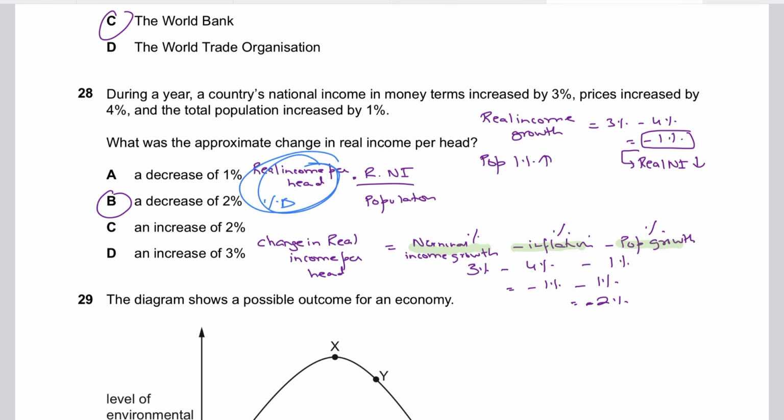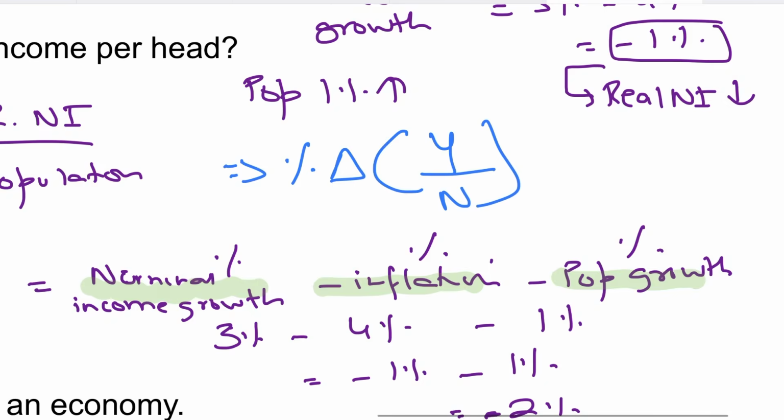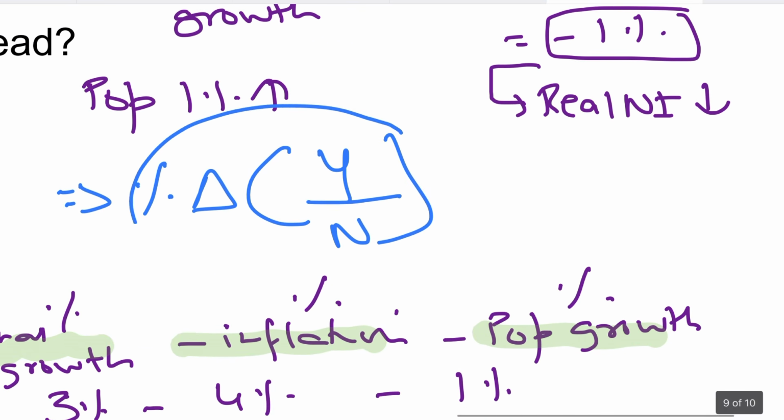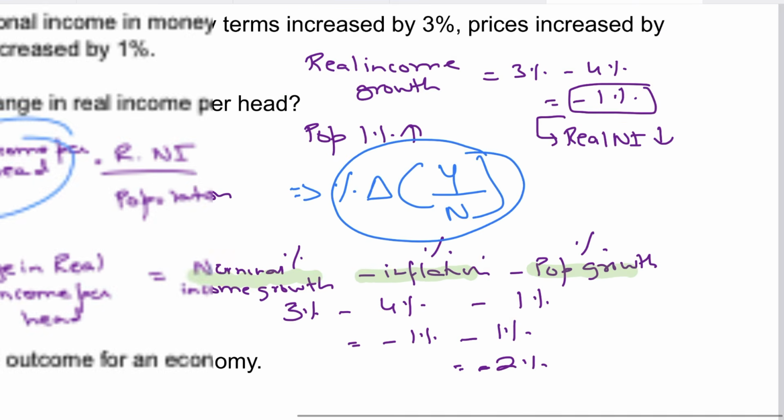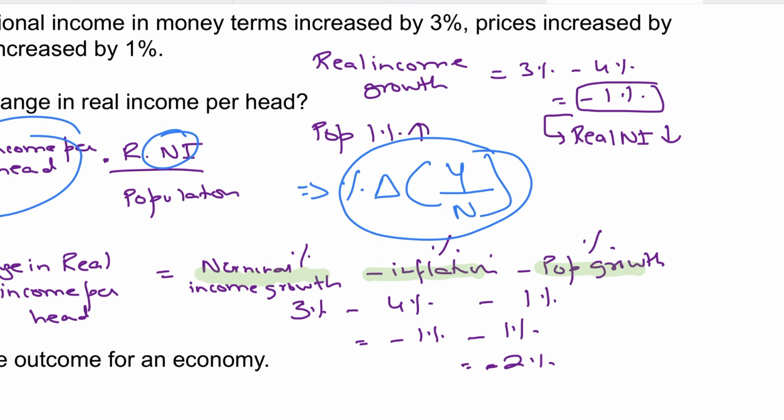So if you're finding the percentage change in real income per head, then this formula would technically look like this: percentage change in real income per head, which is real national income, let's call it Y, divided by the population, which I'm calling N. So Y is real national income and N is population.